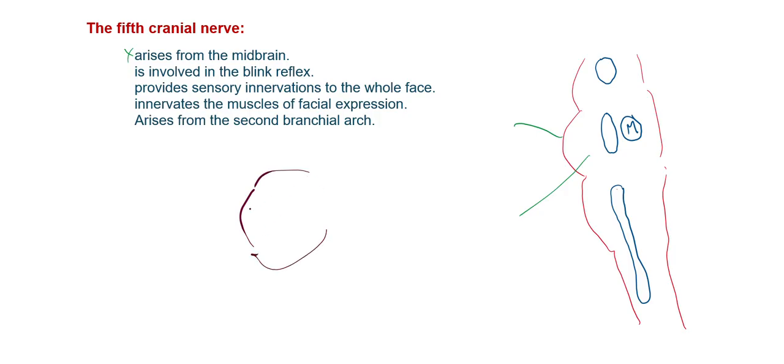Sensory fibers from the cornea run through the fifth cranial nerve, the trigeminal, through V1, they go to the pons. They reach the main sensory nucleus in the pons.